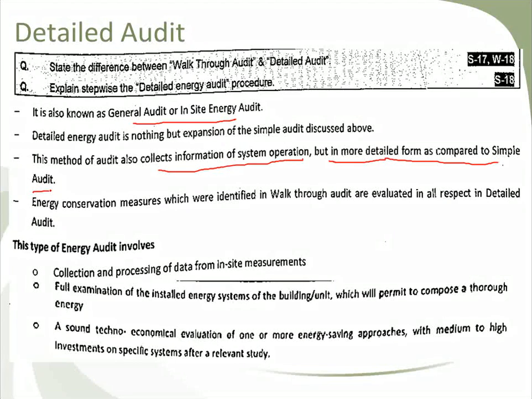But in the detailed audit we are collecting detailed information: from how much time this machine is running, when the machine breaks down, what is the production per minute, per hour, per second, how much raw material is consumed by the particular system, how much waste is given by it, how much electricity is consumed by it.